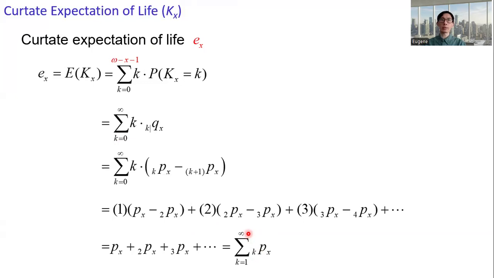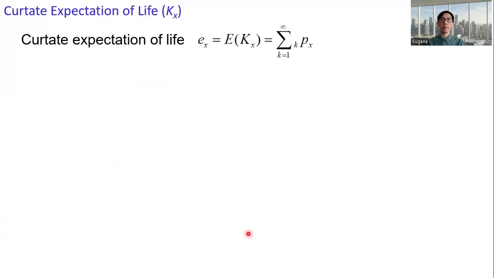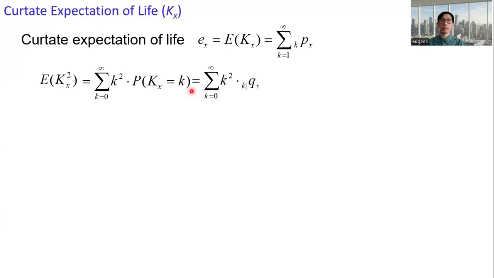How about the variance? First, we get the second moment of Kx, the expected value of Kx squared. By definition, this is the summation of k squared times the probability that Kx equals k. The same expression. The first term, k equals 0, is simply 0.